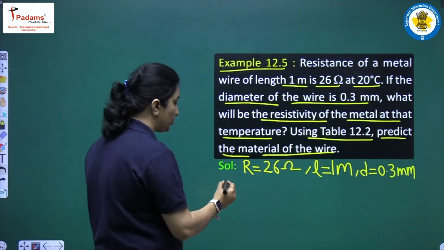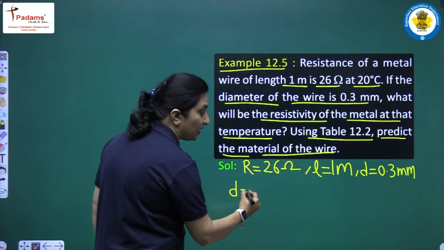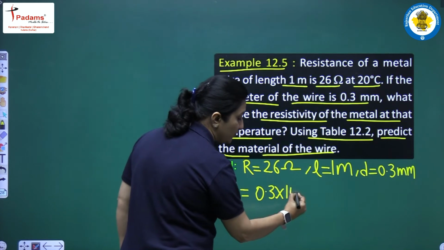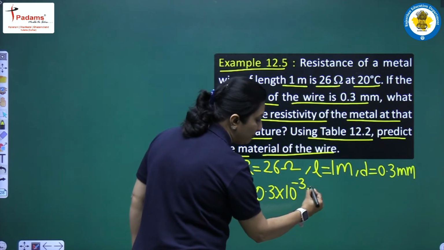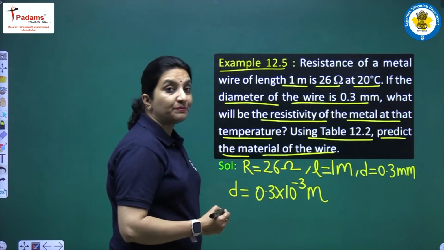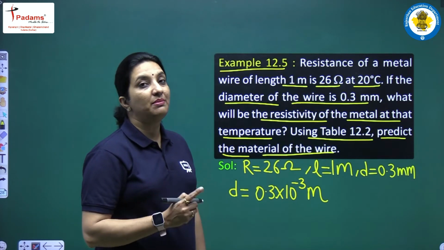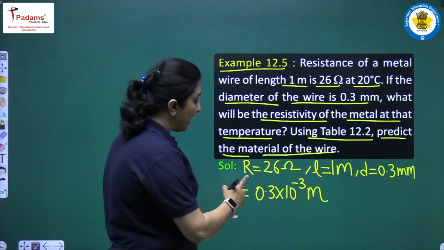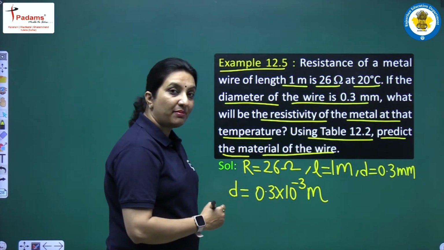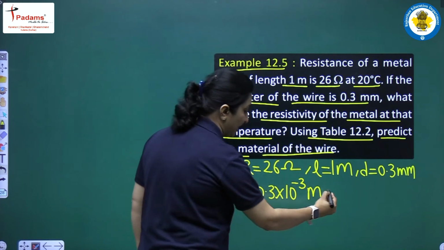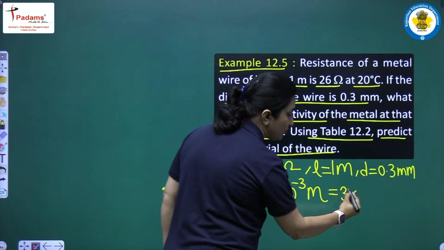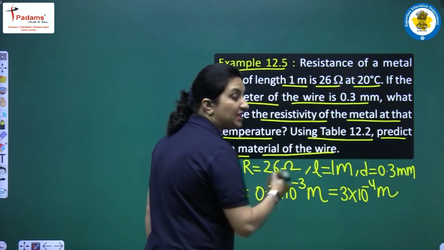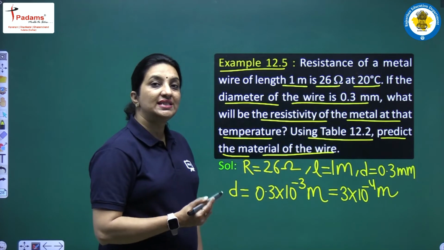So D will be equal to 0.3 into 10 to the power minus 3 meters, because we know that 1000 millimeters gives us 1 meter. For simplicity, we can write it as 3 into 10 to the power minus 4 meters.